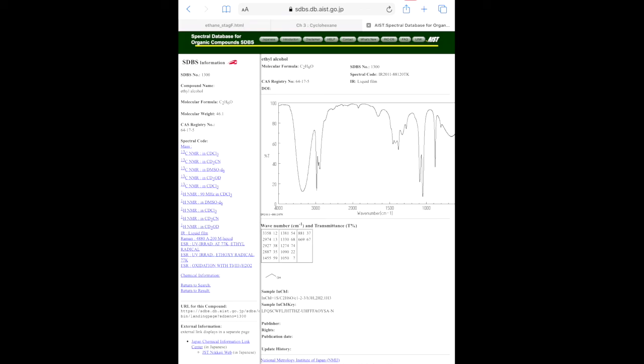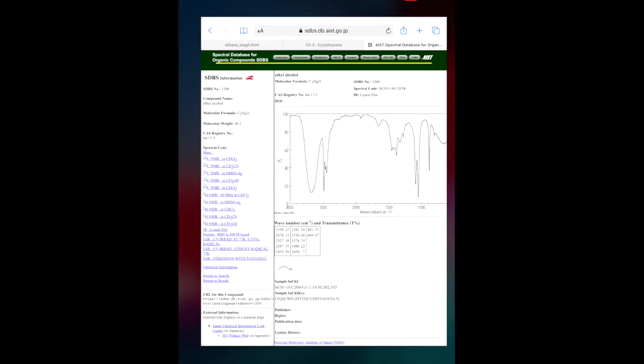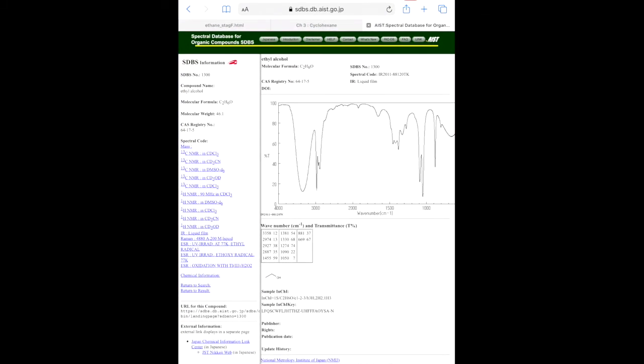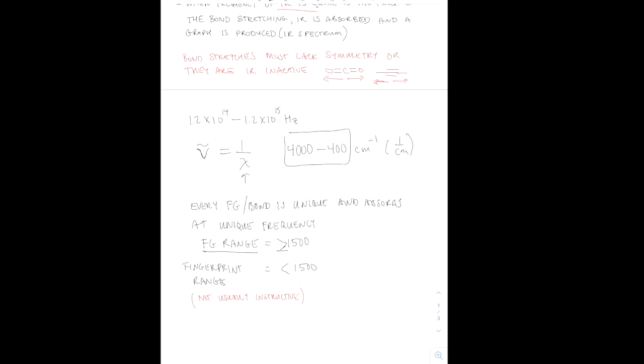Looks kind of like it's melting. It looks pretty cool though. And that's very characteristic of an OH in an alcohol, okay? And so this is essentially what we would be looking at to help us identify what our compound is or what our functional groups are, okay?